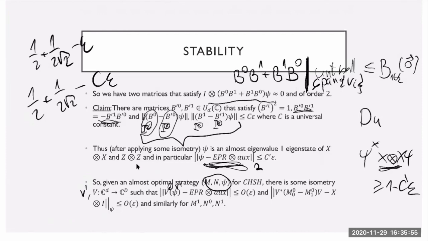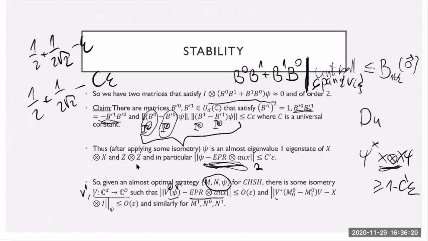And this maybe enlarged the space, except that we didn't need any embedding. And up to this embedding, there are 2 embeddings here. I wrote that there's an embedding on the left side and an embedding on the right side, such that when you act with these embeddings, your psi is very close, when you embed it, to the EPR pair tensor the auxiliary.